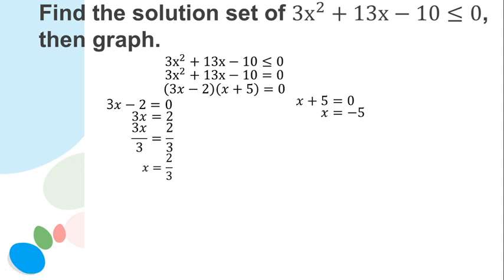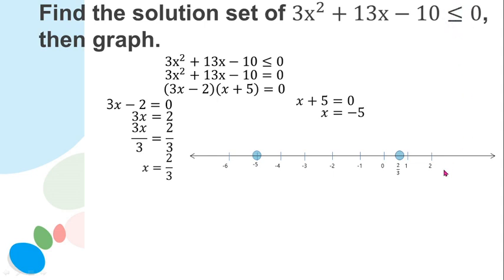Yes, we are going to draw our number line and plot these points on the number line. Take note, we need to use a closed circle or a solid circle because the inequality that is used is the less than or equal to symbol.